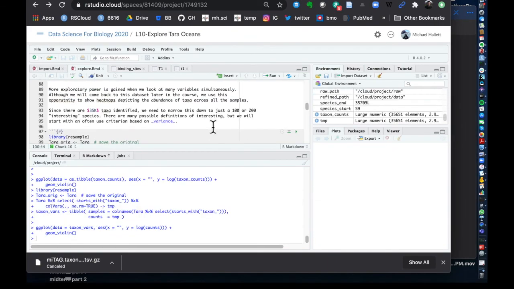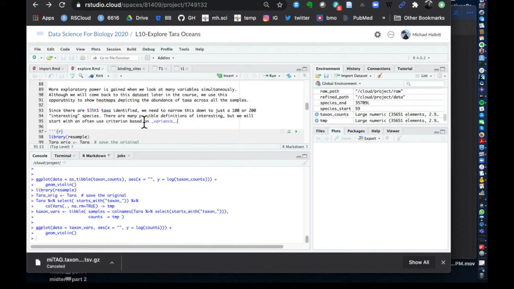Okay, but as we said, we'd like to look at as many variables simultaneously as we could, but we have 35,000 taxa, so there's no way we're going to plot all of them at the same time. So we're going to have to choose which ones we're really interested in. A common method many people use is to choose the most variable ones across these 35,000 choices.